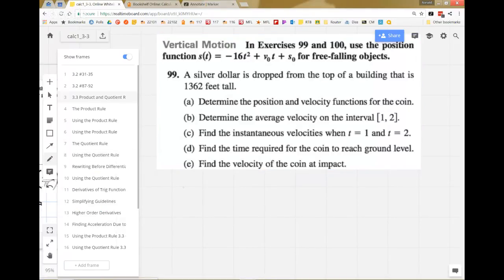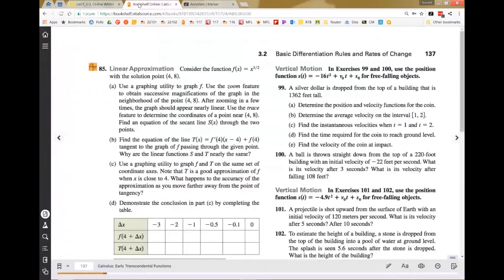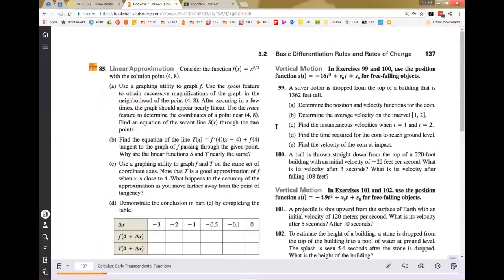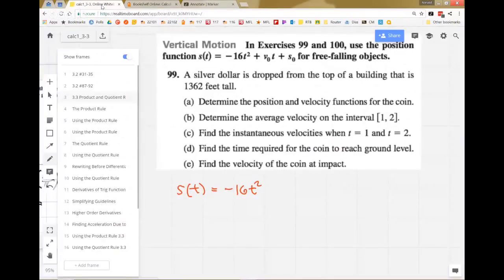S of t equals negative 16t squared plus v0t plus the initial height of 1362.